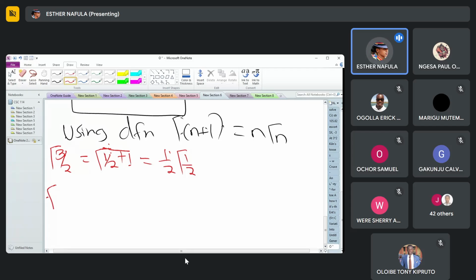For the second term, we have to evaluate gamma of 5 over 2. But we have to rewrite this. How can we write 5 over 2 in terms of something plus 1? The gamma of 1 plus 3 over 2. So we start with 3 over 2 plus 1 so that it can conform to the formula. So it's gamma of 3 over 2 plus 1.